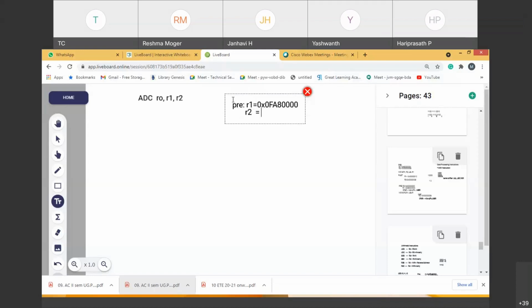So the only change you observe is 0x C, 3 zeros, then A B C D. If I write like this, we understood. Now the instruction is ADC, along with carry. Earlier, carry was not there, it was without carry. So I'll write R1 comma R2.